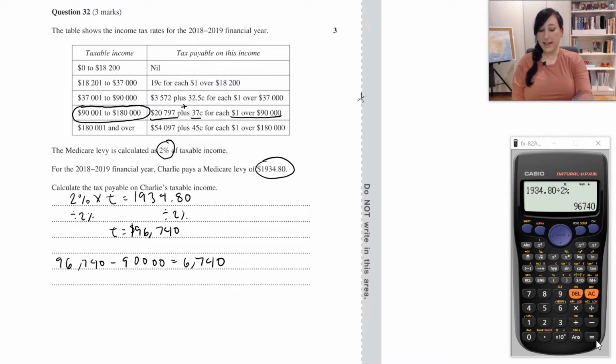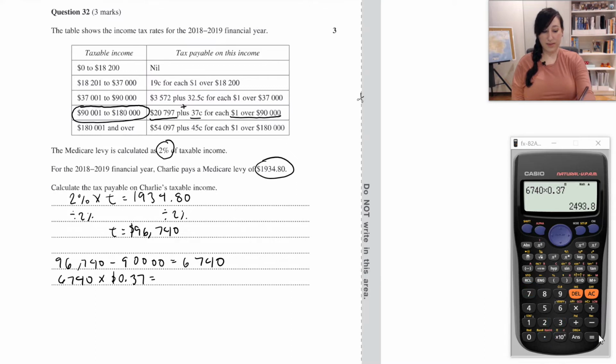So we'll calculate 6,740 times 37 cents. Make sure to put that in dollars and cents format so that our answer comes out in dollars. So let's do that on the calculator. And we get $2,493.80.